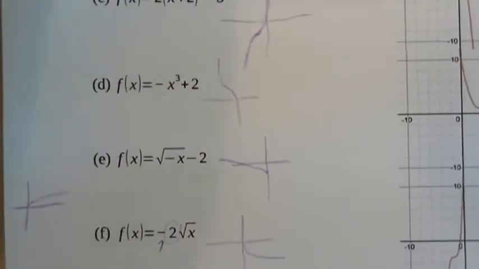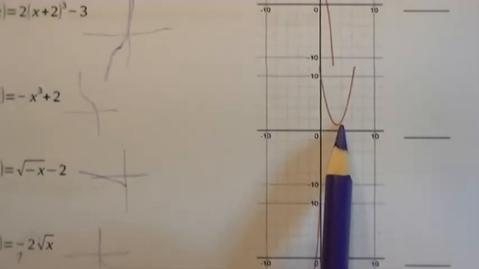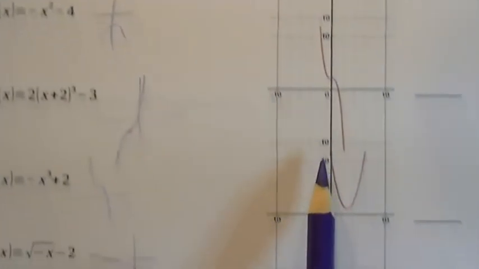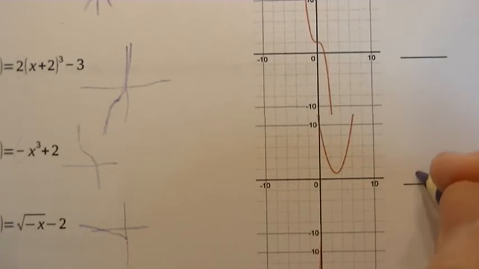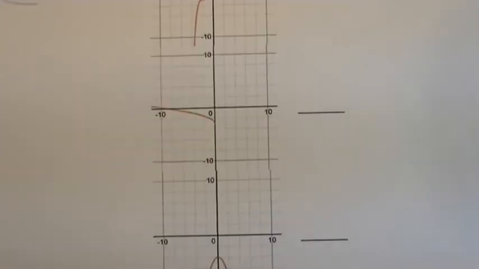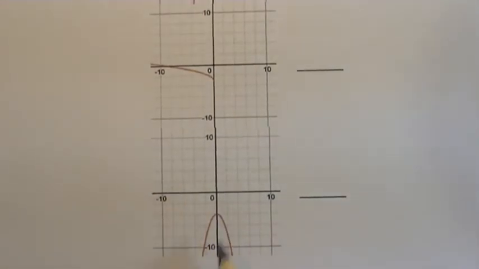So you can easily match up A. Certainly goes with this one. You can see it opens up. It's a little over to the right and up. Right? So this is definitely A. Where's our other parabola? Does it match? Yeah, it's shifted down and it's centered on the y-axis.